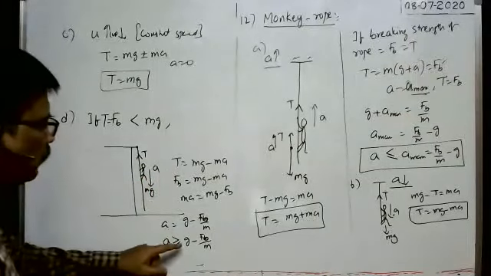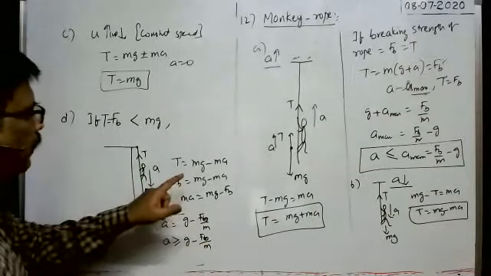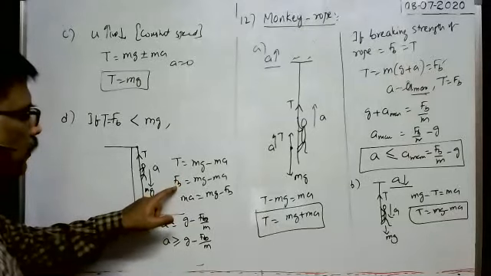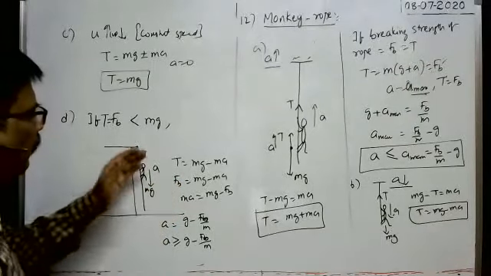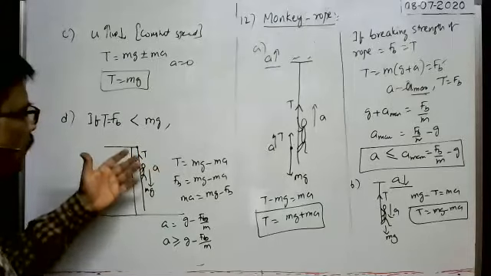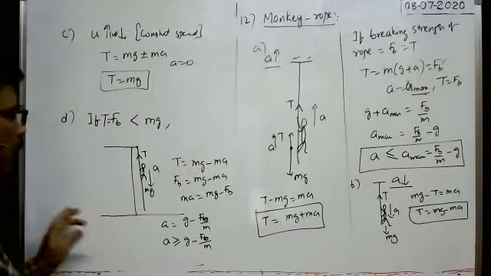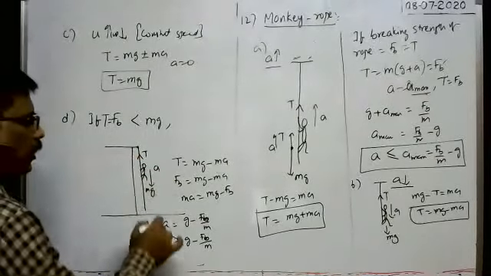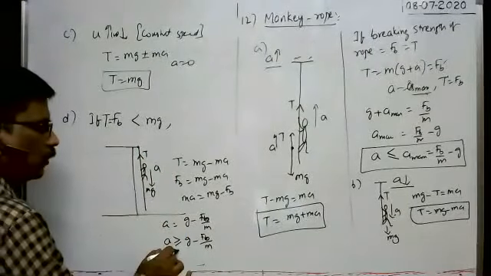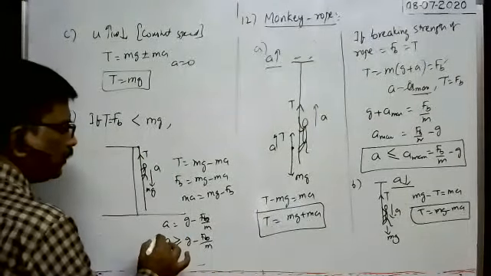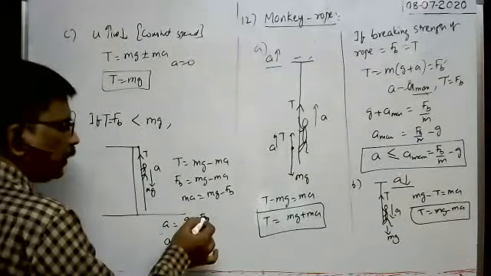If it is equal to g minus Fb by m, then the tension developed is equal to Fb only. Otherwise, it is less than Fb. Whenever the tension developed is less than Fb, the rope will definitely not break. That's why the acceleration of the monkey while coming down must be greater than or equal to g minus Fb by m. This is the condition.